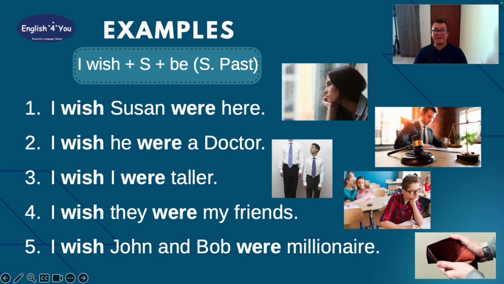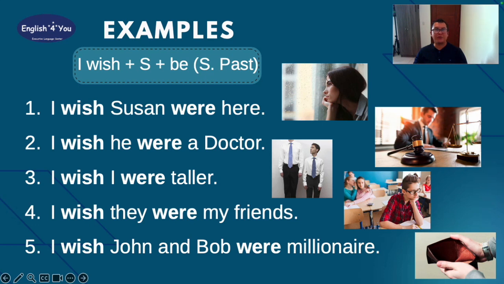I wish they were my friends. Repeat it. I wish they were my friends. Can I change the subject? Of course you can. Let's suppose that his name is Tom. So Tom wishes they were his friends.